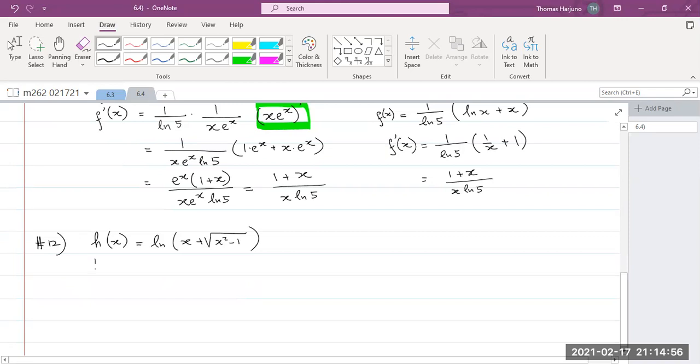So the derivative of this function is 1 over blah. It's already natural log, right? 1 over blah times the derivative of blah.